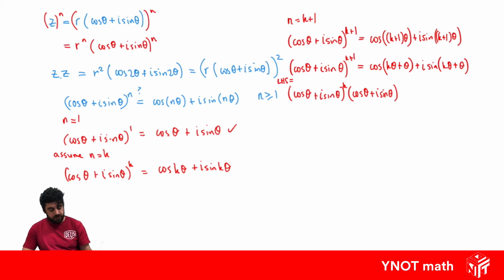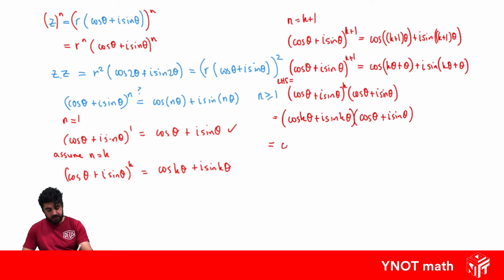Now we know that cos theta plus i sine theta all to the k is over here because we assumed it to be true and it equals this. So let's go ahead and sub that in. So this is going to give us cos k theta plus i sine k theta all multiplied by cos theta plus i sine theta. Let's expand it out.